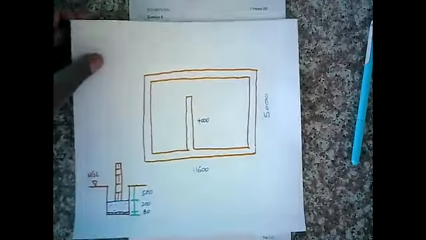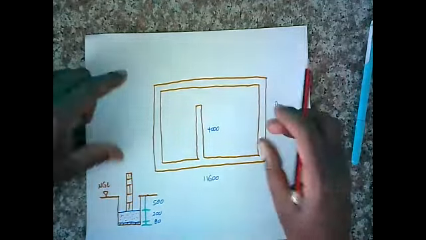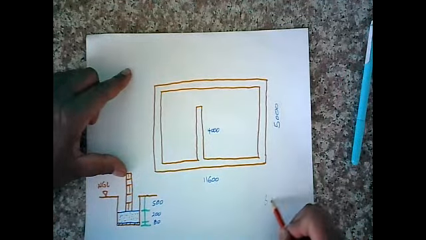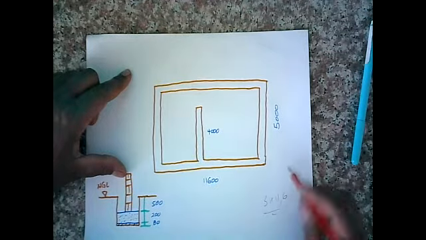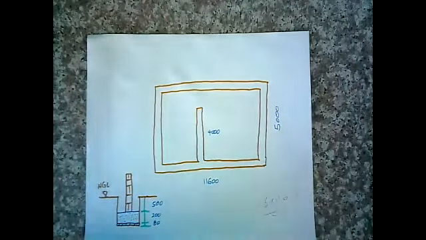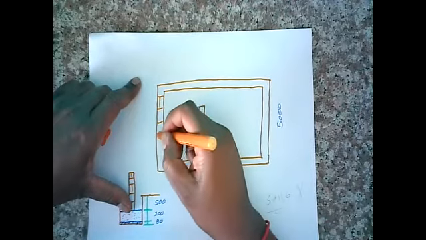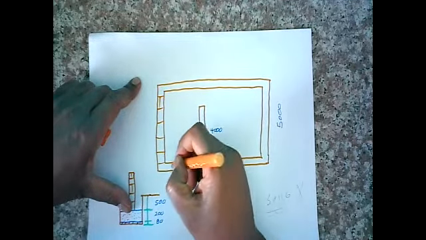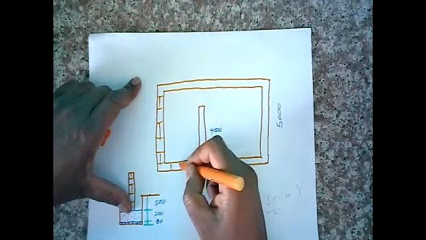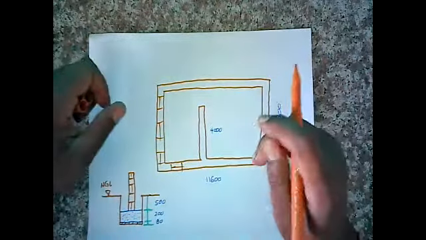All right, so let's look at the structure. Now, if you were thinking that the site clearance for this is 5 times 11.6, you would be completely wrong. Why? Because this is the brickwork. All right, so that's the brickwork.